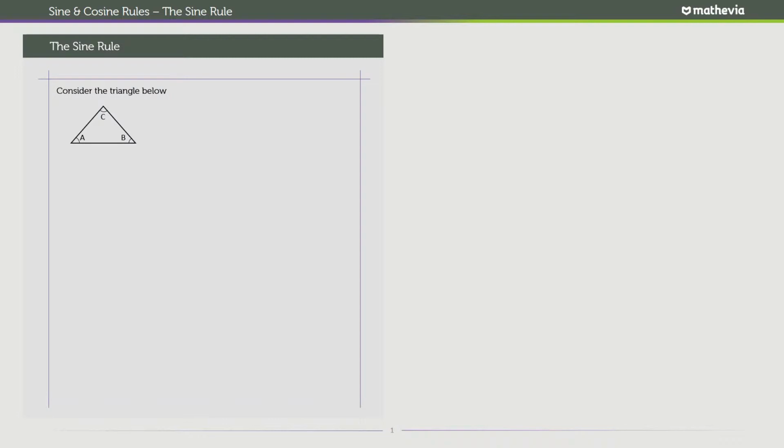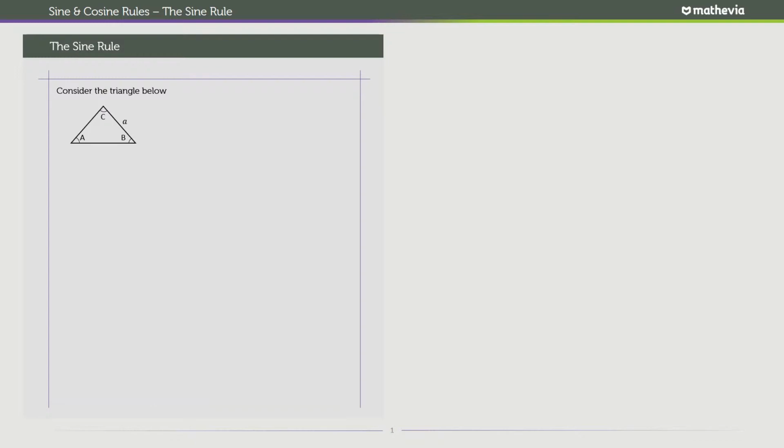I need you to pay very close attention at this point, okay, because there is a very vital relationship that I'm going to establish. So look, we have A, B, and C, and if you look at the angle A, the side opposite A, the side facing A, I'm going to label with a small a. So the angle is capital A, and the side facing A we're going to call small letter a.